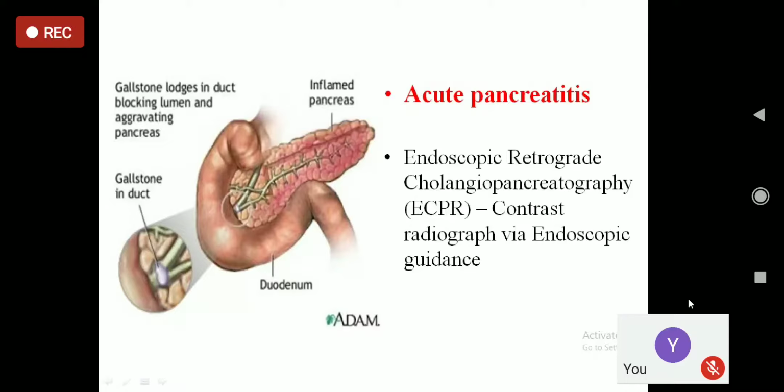Many times it may be obstructed because of a gallstone. Gallstones come via the bile duct and can obstruct the opening of the ampulla of Vater, so that it may cause different clinical conditions. One of these is acute pancreatitis, inflammation of the pancreas.